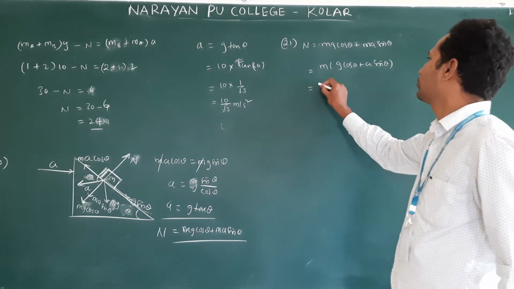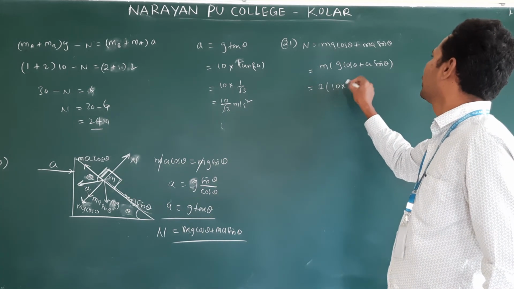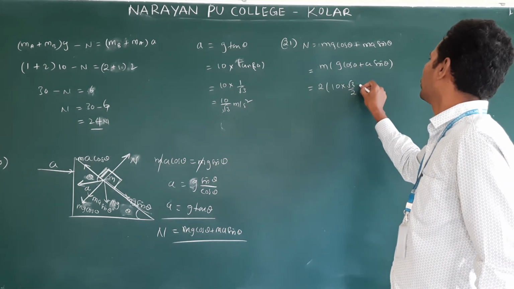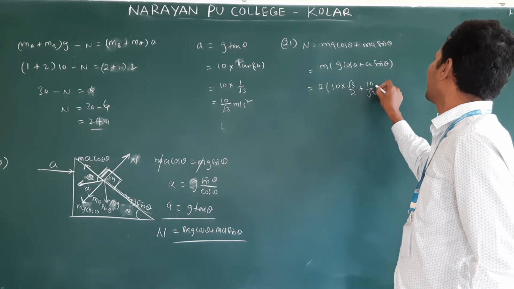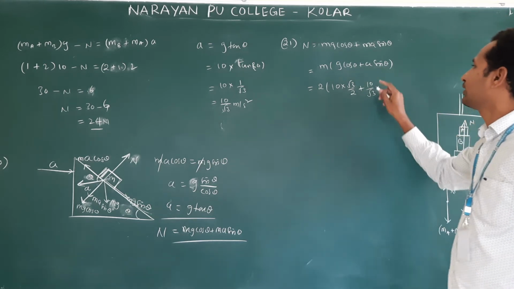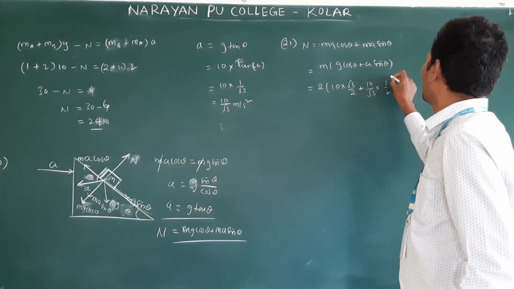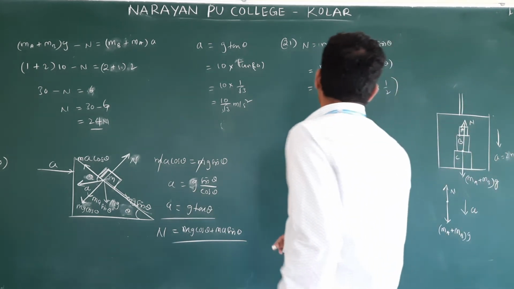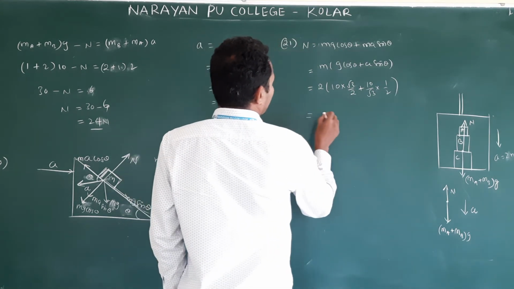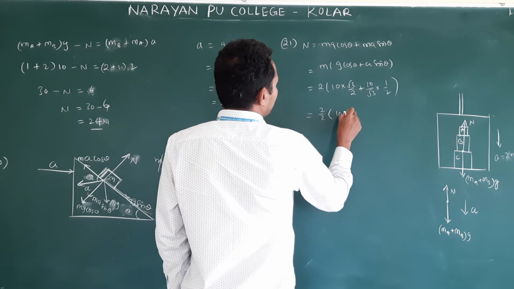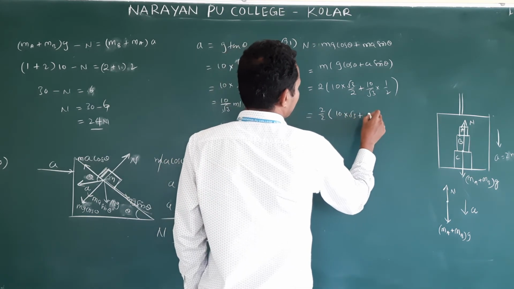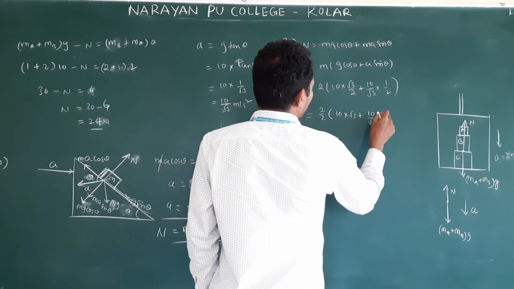And now the m value is 2, g is 10, cos 30 is root 3 by 2, plus a we calculated as 10 by root 3 into sin 30, 1 by 2. Am I correct? So 1 by 2 is common. So 2 by 2, 10 into root 3 plus 10 by root 3.